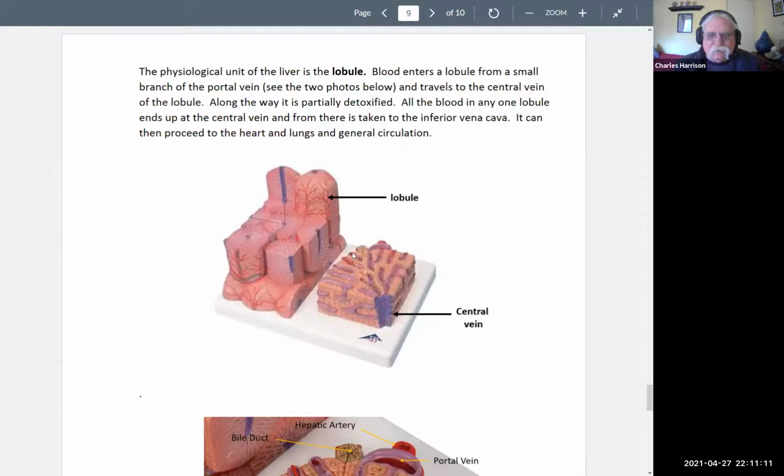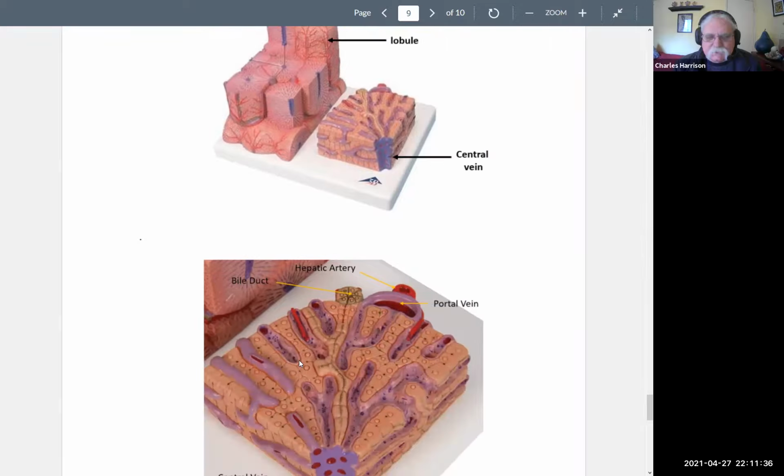Blood is brought to all of the lobules, and it enters into the cells at the periphery of the lobule, and the blood heads for the central vein. As it's on its travel to the central vein, it is detoxified by the cells of the liver, and the next diagram will show you that better.